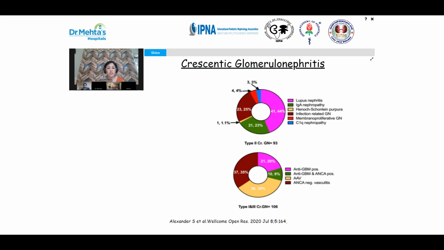In adults with normal complement levels, anti-GBM disease, as well as ANCA-associated and ANCA-negative vasculitis, formed a large chunk of those who had crescentic GN.